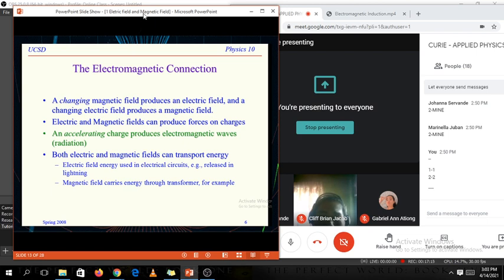By the way, before that, what is the relationship between the wavelength and frequency of an EM wave? Anyone? What is the relationship between the wavelength and the frequency of an EM wave? EM means electromagnetic wave. Ben, do you remember?